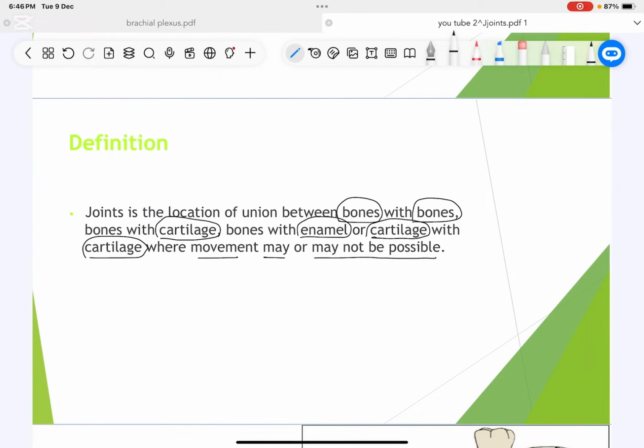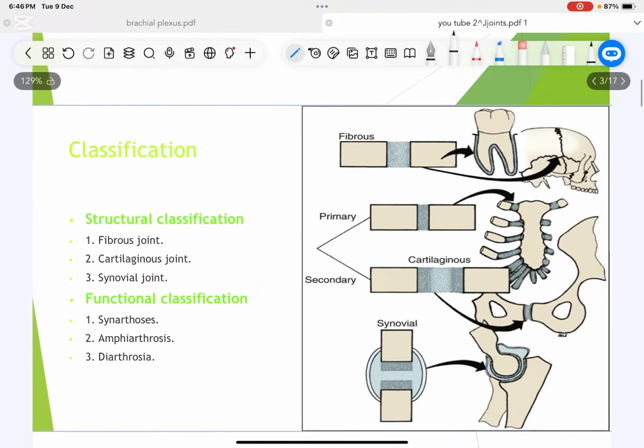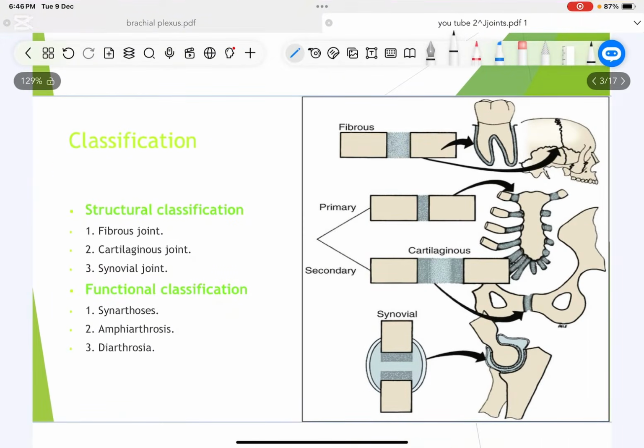That is the definition. Next is the classification of joints. We can classify joints in two ways: structural classification and functional classification. Structural classification emphasizes how the skeletal components in between are held. If they are held with the help of connective tissue, it is called a fibrous joint.